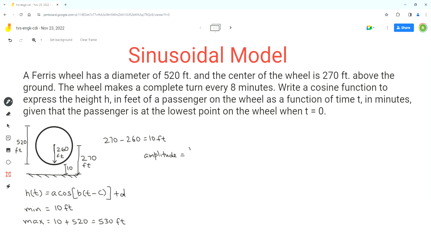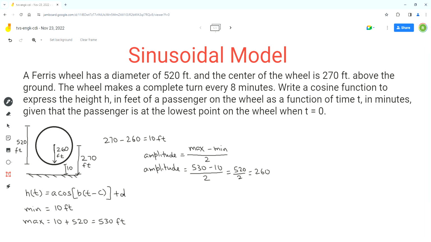The formula is maximum minus minimum divided by 2. Now we can sub in the values. So the maximum is 530. So I got 260. So that's the amplitude of this wheel.